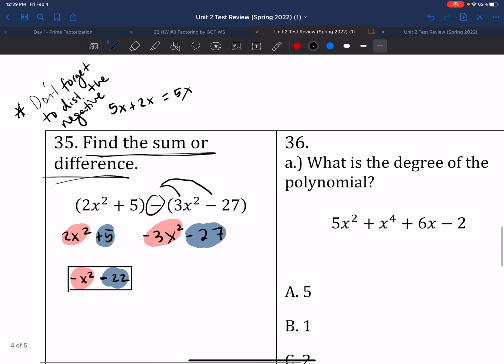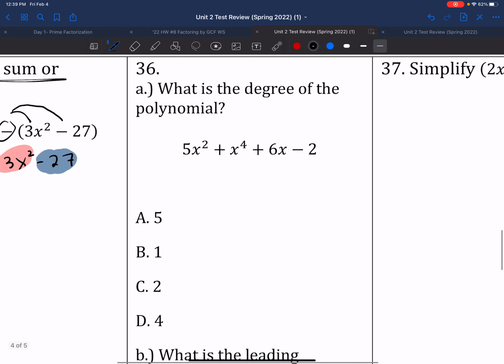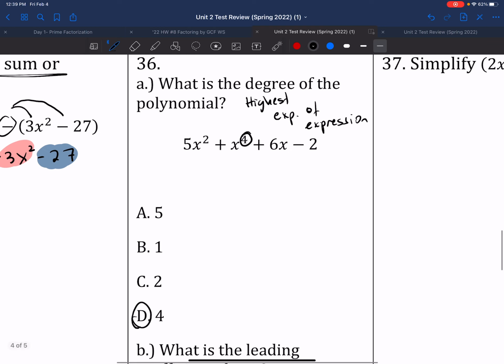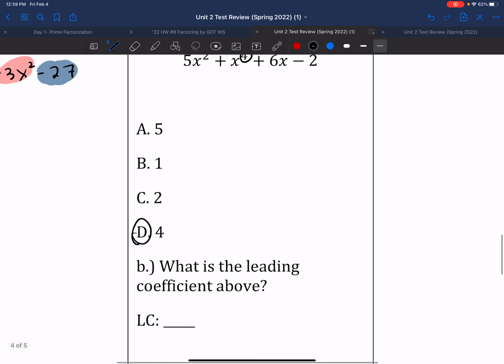Okay? What is the degree of the polynomial? The degree of the polynomial is the highest exponent from the expression. So we look at these terms here. The highest exponent that I see here is 4. So that means the degree of this expression is 4. But what is the leading coefficient?